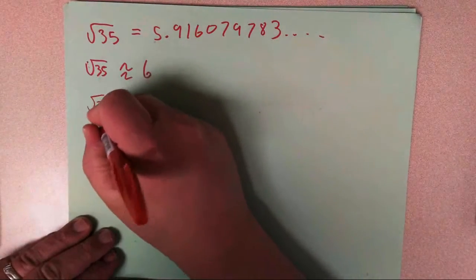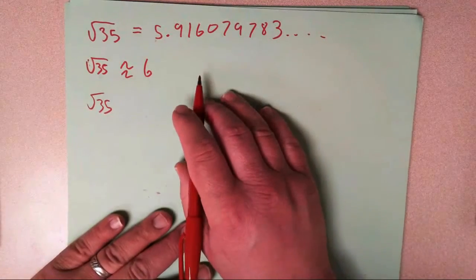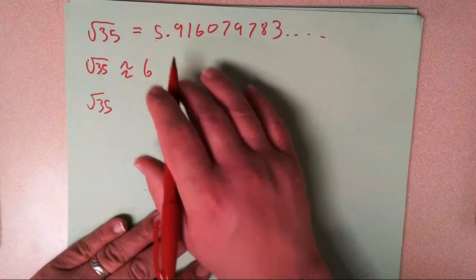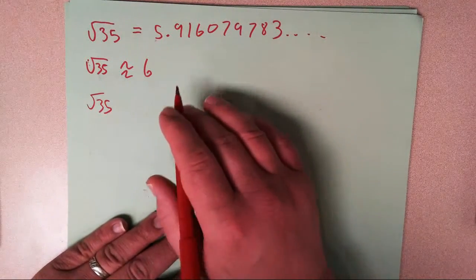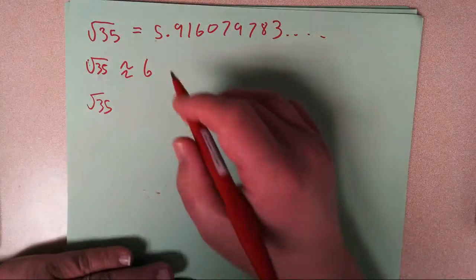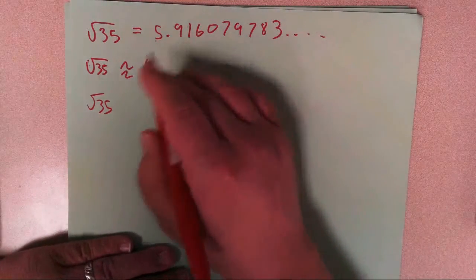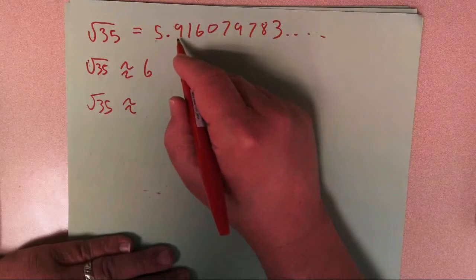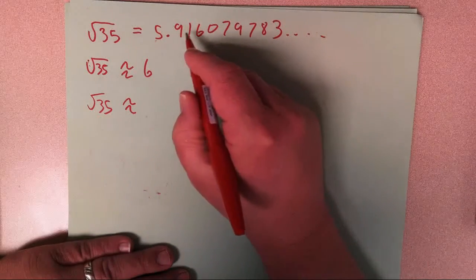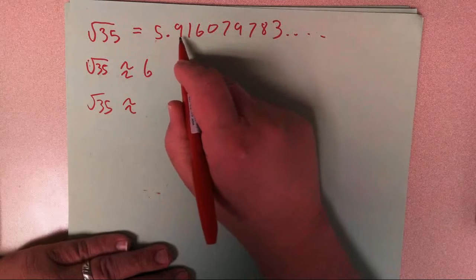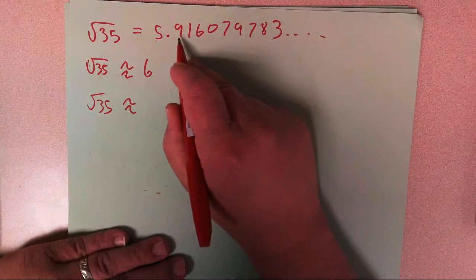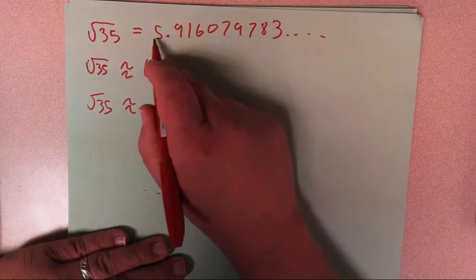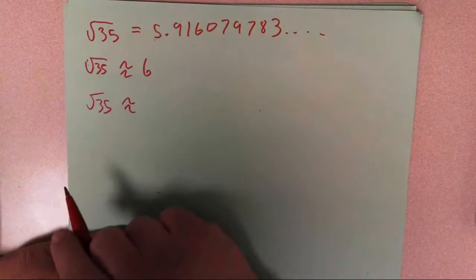Okay, so if I round that to the nearest tenths place, then I need to decide, do I round that 9 up to 10, which if I did, that would make this a 0, and then you would have to carry, and that would make that a 6.